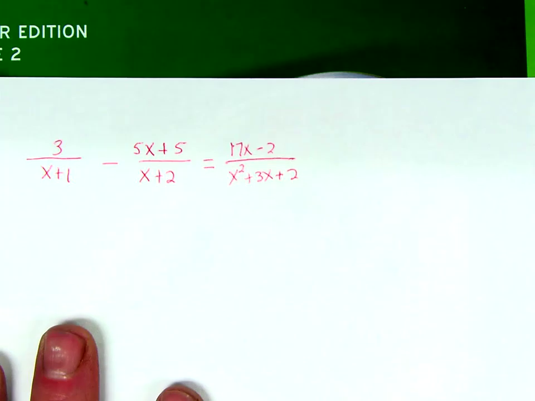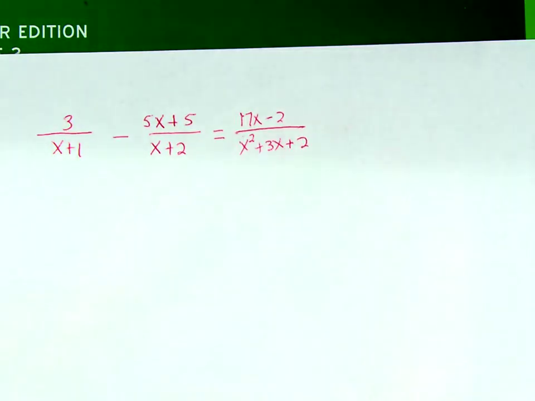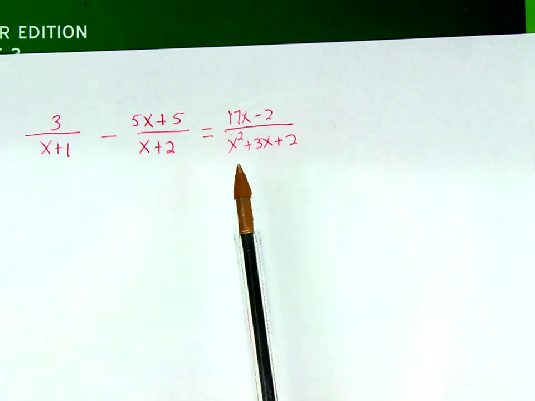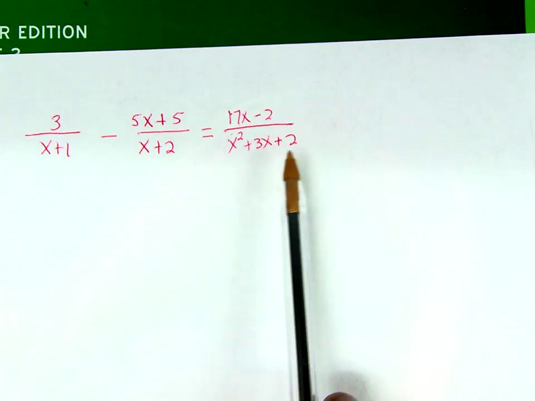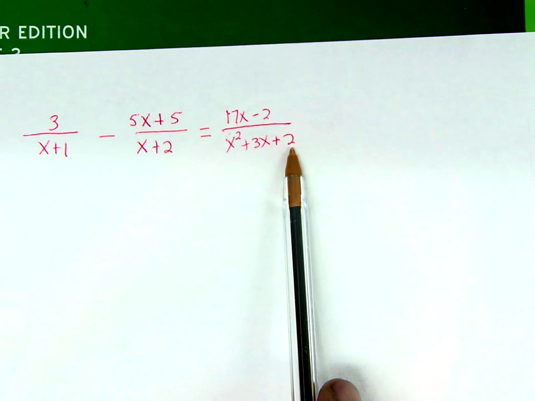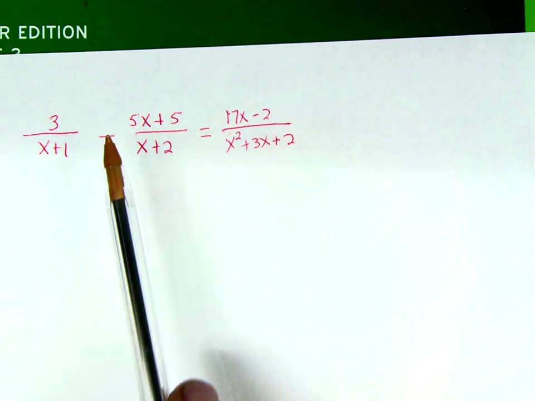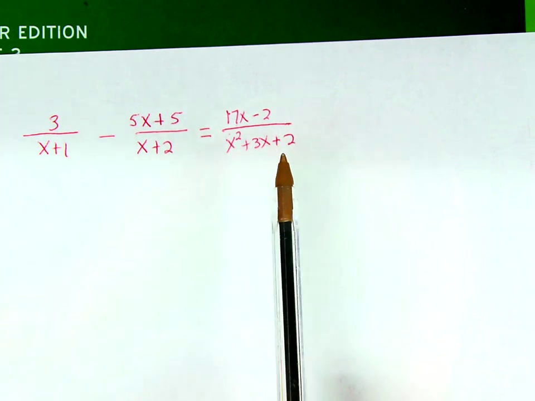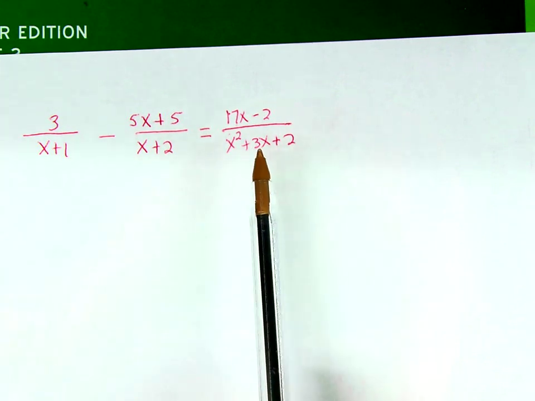Here's another one. All right. I'm thinking there's going to be some sort of commonality. And here it is. Two numbers that multiply together to get 2. Well, 1 and 2. And two numbers that when you add them together, you get 3.